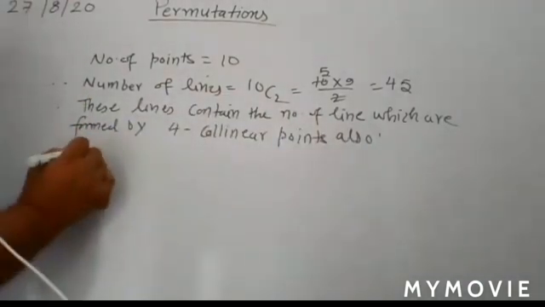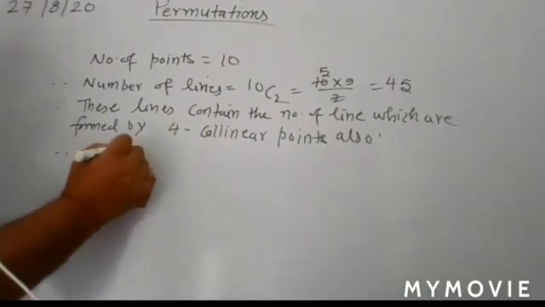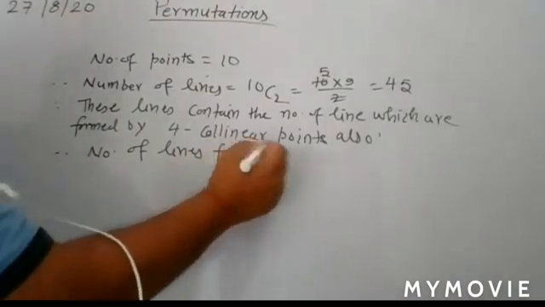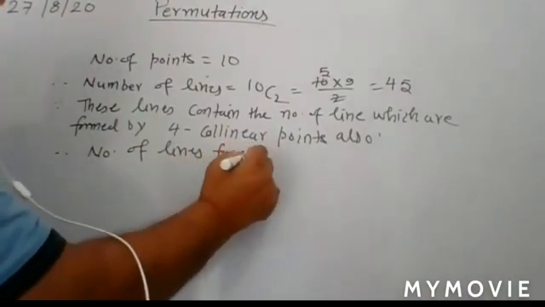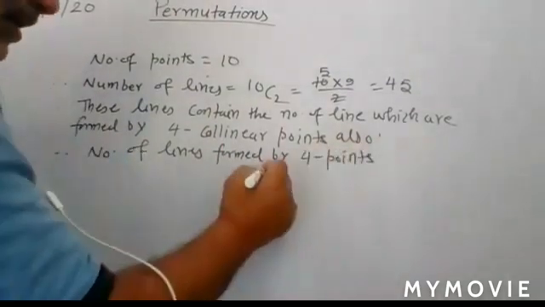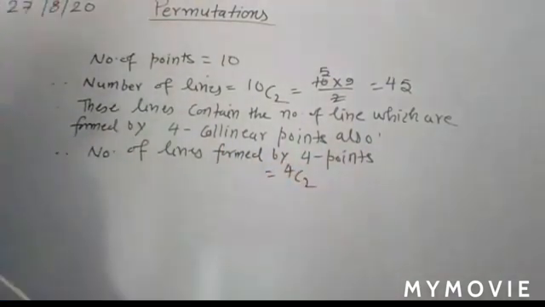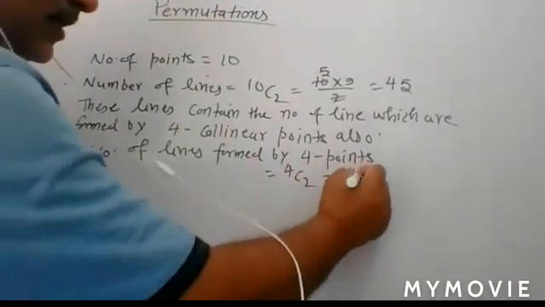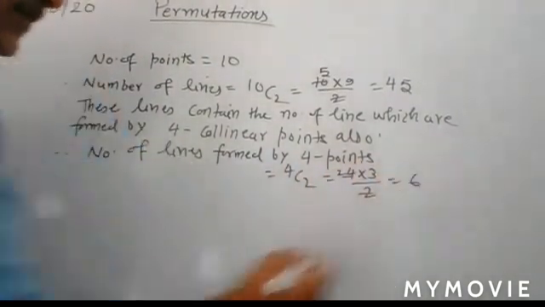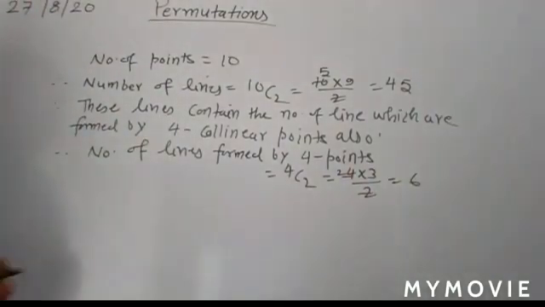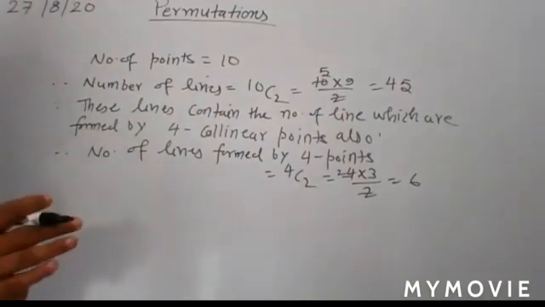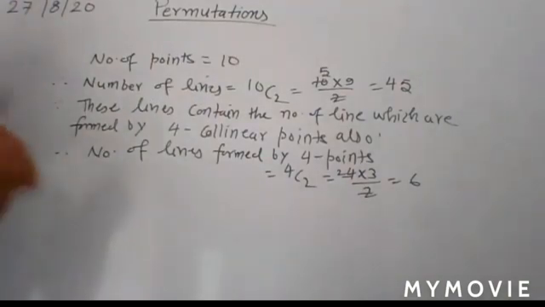So first of all, write the number of lines formed by 4 points. What is that? 4C2. Simplifying it, you have 4 into 3 divided by 2, so you have 6. Means 6 lines are there, which are to be subtracted here. But you know, for the collinear points, you have 1 line.